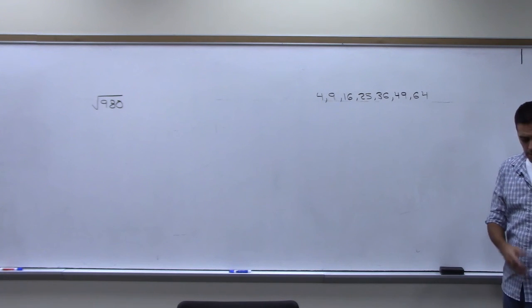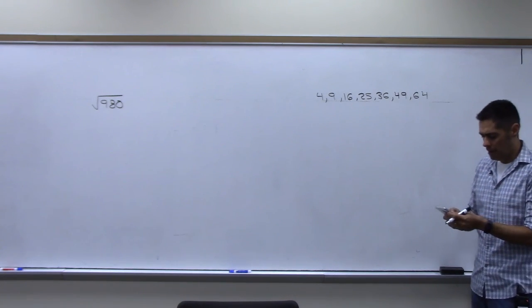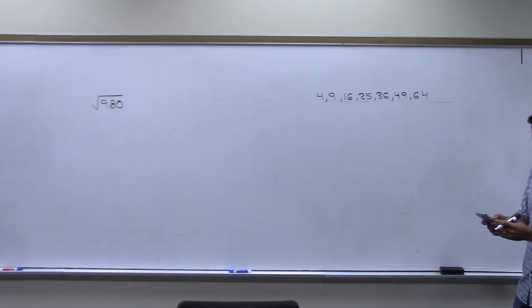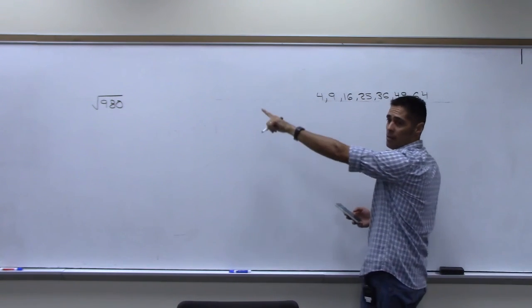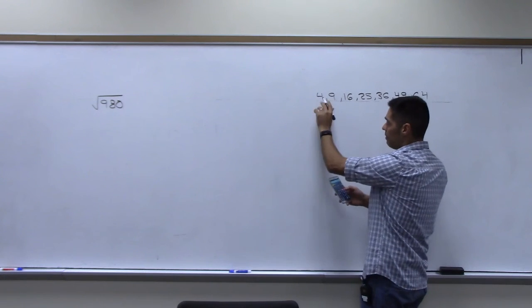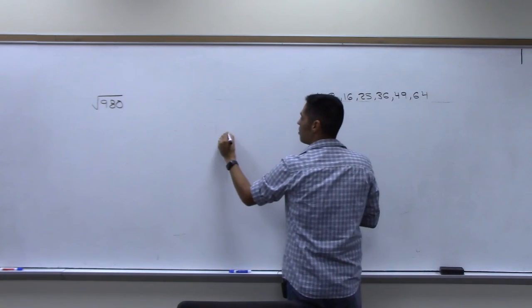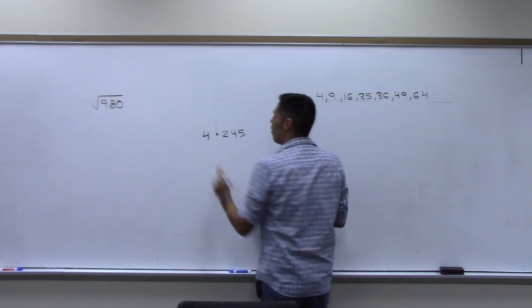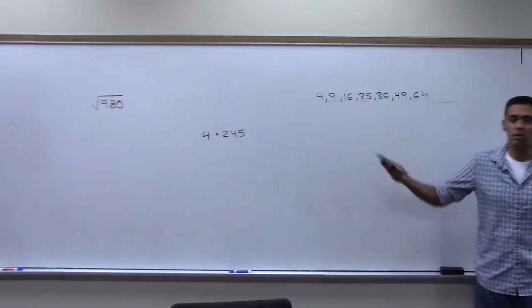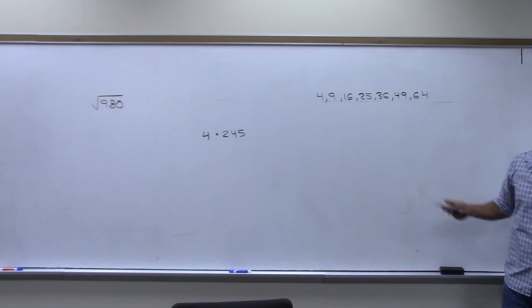So what I'm going to do is, on my calculator, I'm going to start dividing 980 first by 4. And so it does go into that, right? I take that, divide by 4, I get 245. So I know 245 times 4, I'll put the perfect square out front. I know I can do that, but maybe there's more I can do.